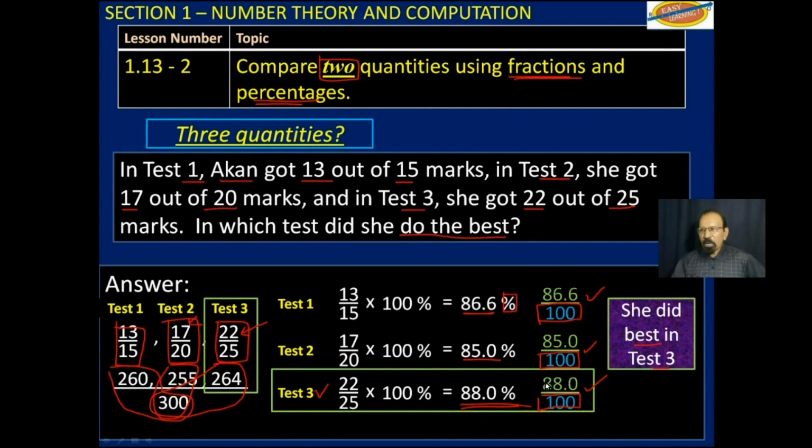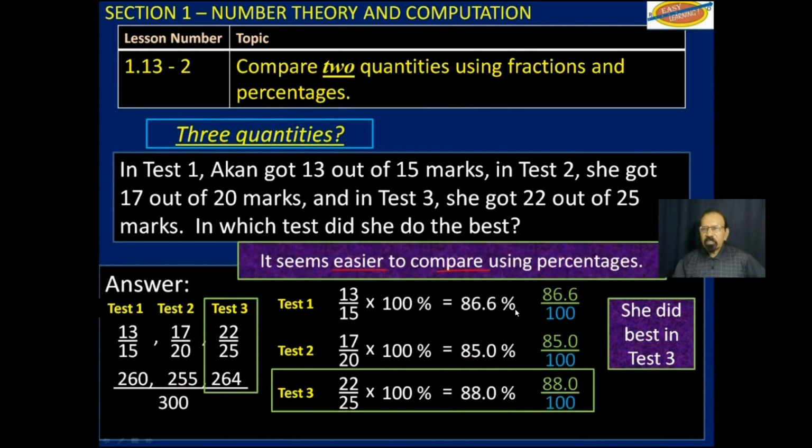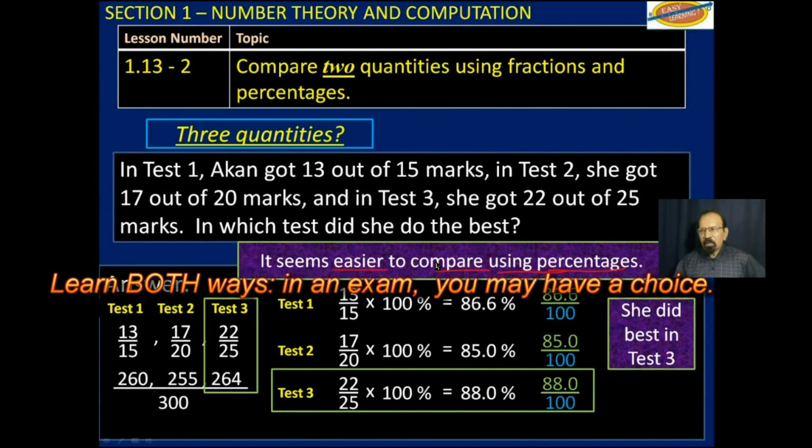So fraction this way, decimal this way, which is in a sense a type of fraction. It seems easier to compare these quantities using percentages. If you go the LCM way, first of all, it may be difficult to find an LCM.